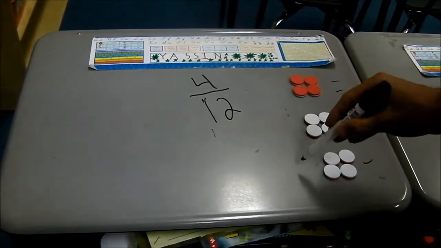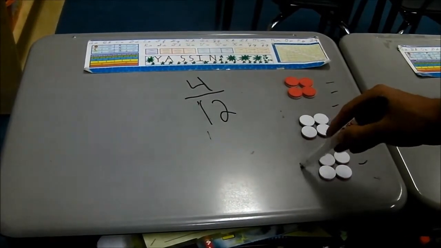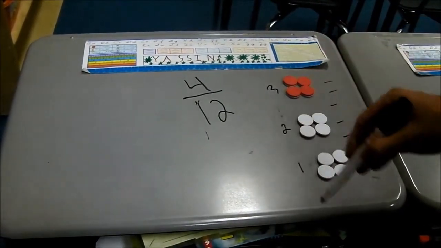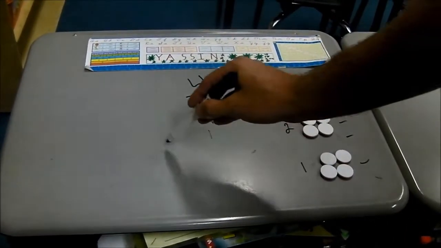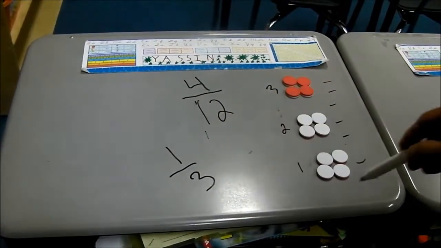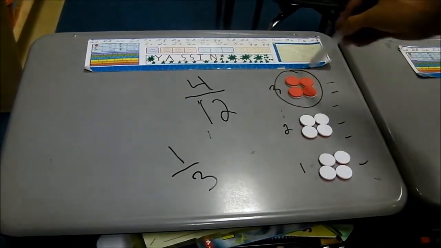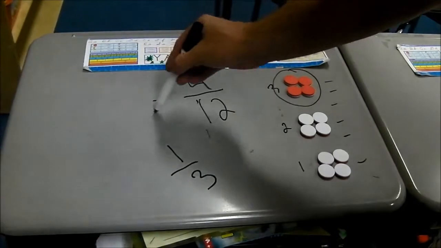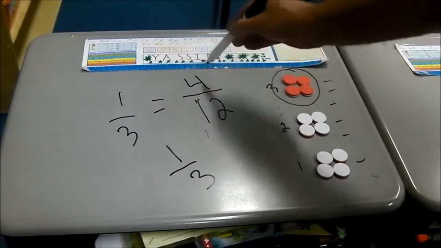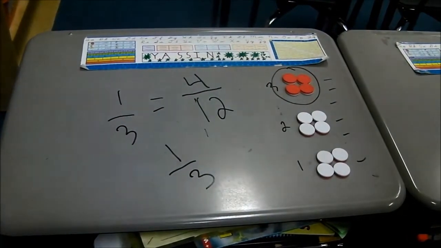How many different groups are there? 1, 2, 3 groups. So we could also say that 1 out of 3 is red. Again, 1/3 equals 4/12.